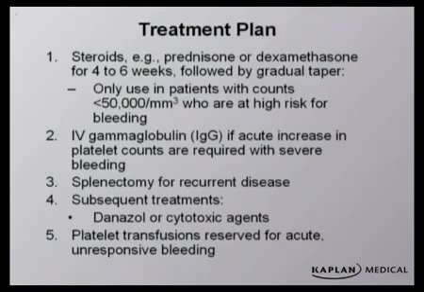So it happens that sometimes we find out about ITP just because we check somebody's blood, and the patient's platelets are 60, 70,000, but the patient has no bleeding. And what I just said is, in those cases, unless the platelet count goes down below 50,000, you probably could watch and wait and monitor the patient without giving them any steroids.